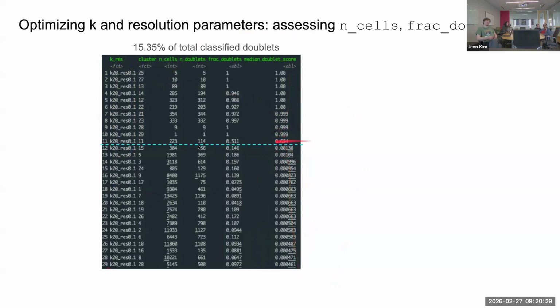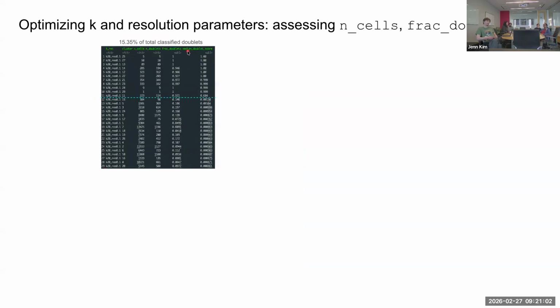And we see that these first 11 clusters have not only really high median doublet scores, but also high proportions of originally labeled doublets. And together, if we were to drop these clusters, they would make up around 15.4% of the total originally labeled doublets that the scDblFinder class gives you. So you can sort of assess your candidate K resolution combinations with this approach.